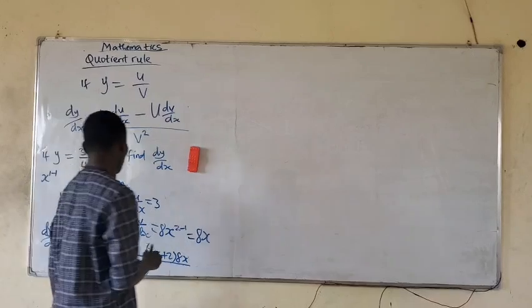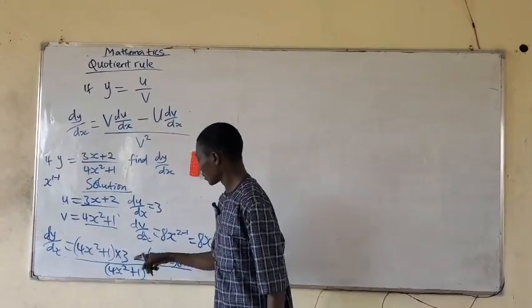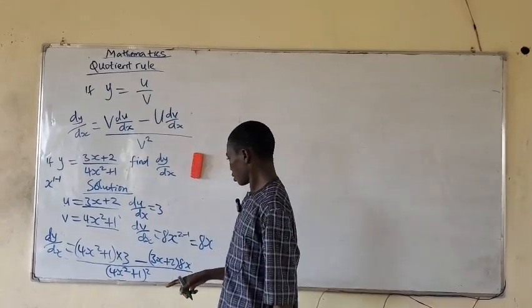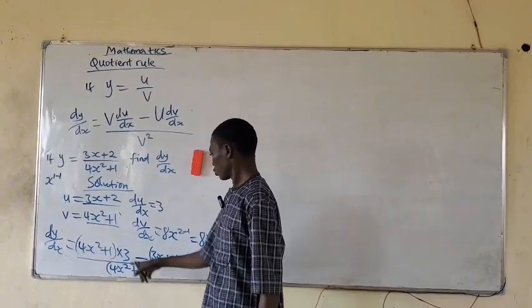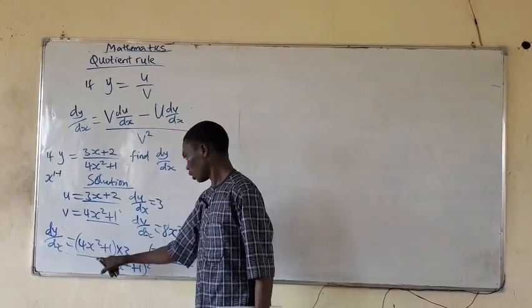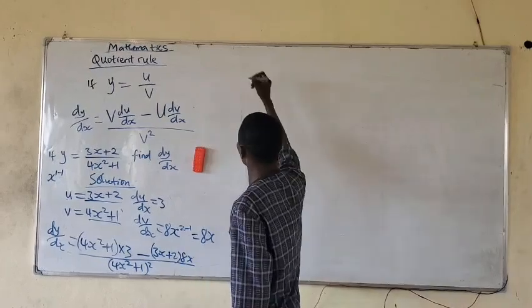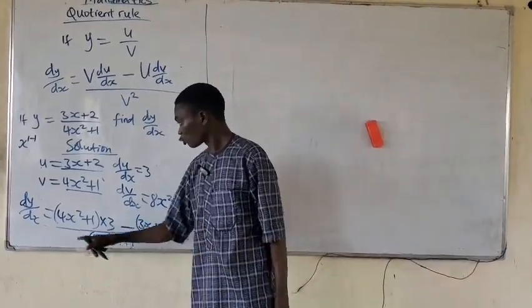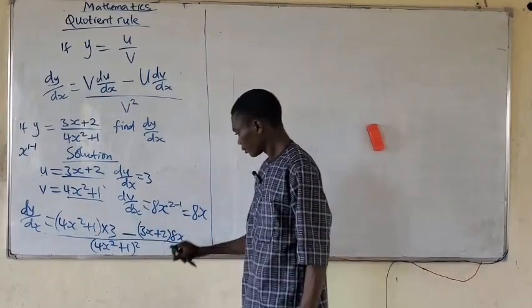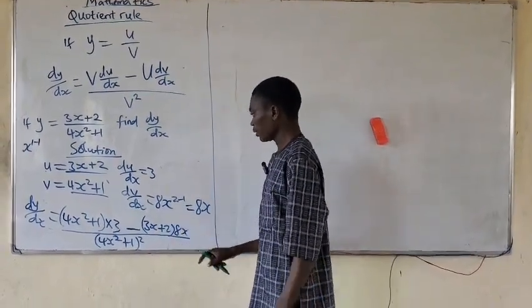All right, so let's try to open the brackets. Let's use this 3 to multiply everything here, and use this 8x to multiply everything here.